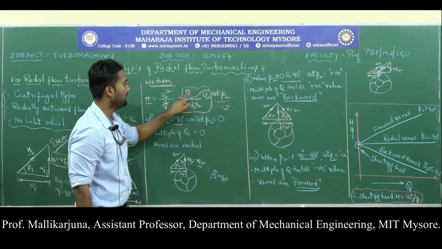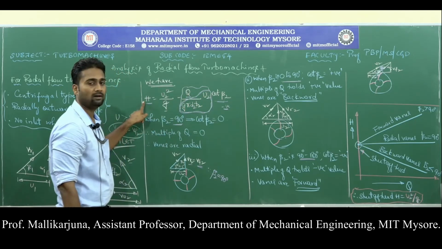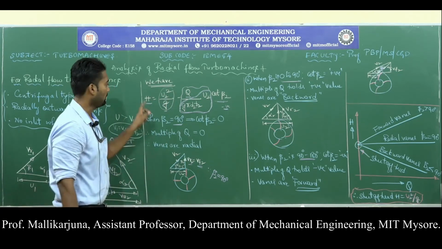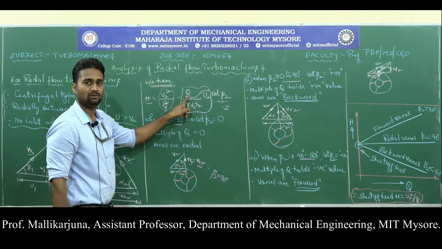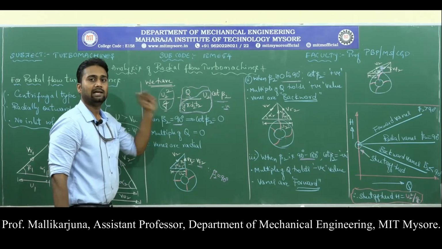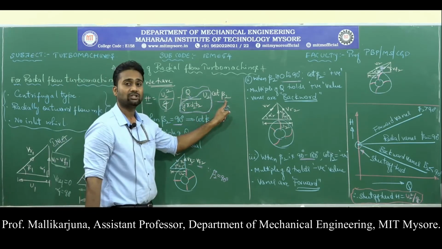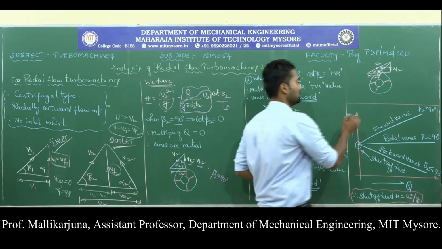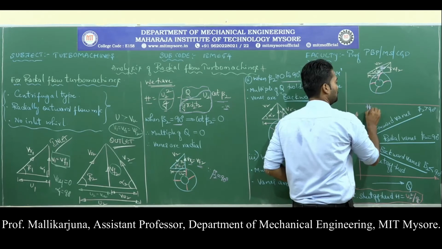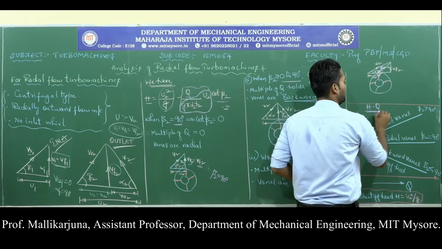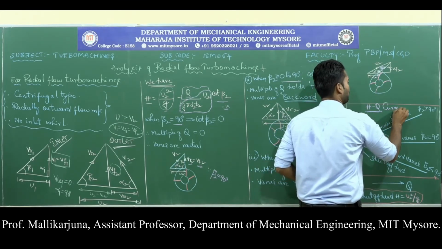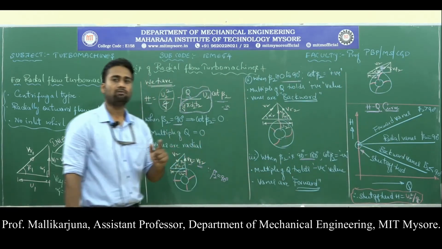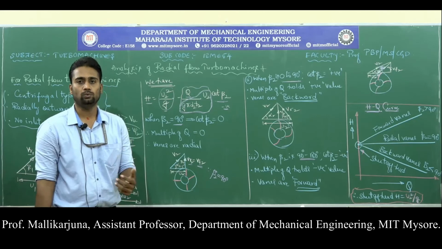Based on cot beta 2, I can say how Q and H are dependent, because these two are fixed. So now Q and H can be explained with the help of the variation in cot beta 2. That is what I have written over there. This is called HQ curves. So now we have three different situations for which I will be explaining the HQ curve.